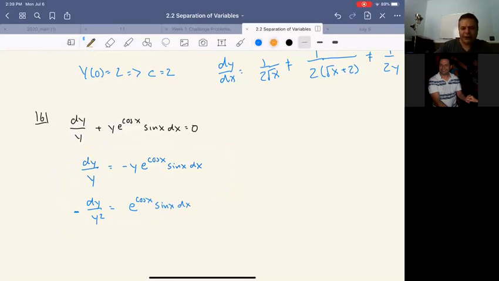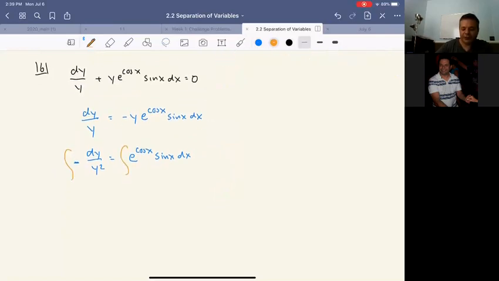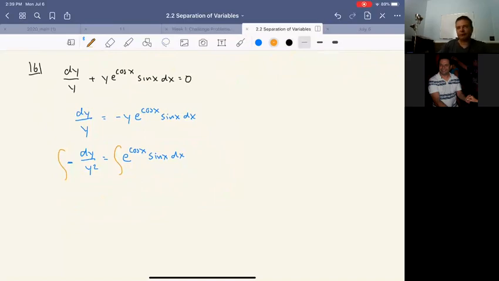We can integrate here, no problem. Once we do the integral here, we get y to the negative 1.